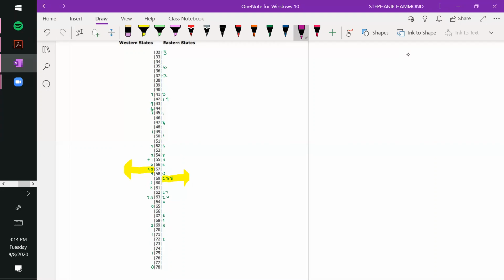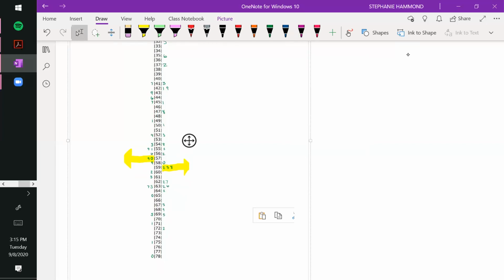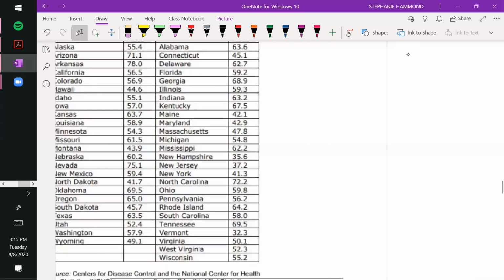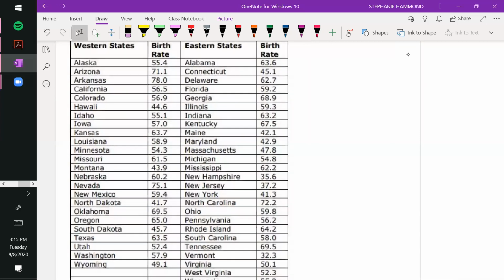One thing that we could do to make this data look a little nicer is we could go back and take these data values and maybe round them to the nearest whole number, which will put more values into each stem.